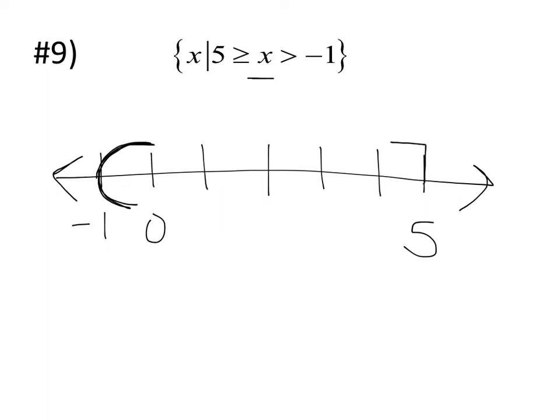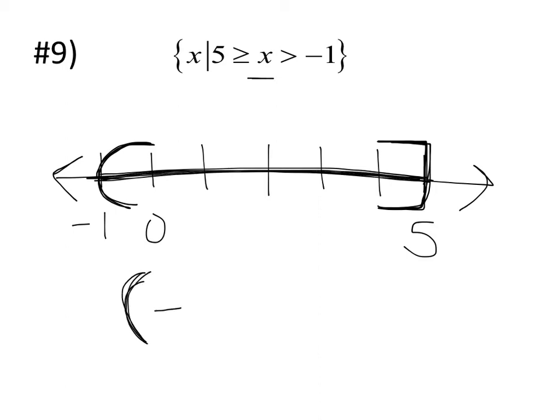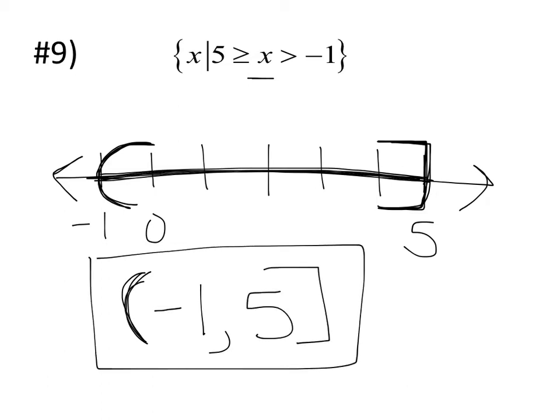And then here I've got x is less than or equal to, so I'm going to put a bracket here. So just like I read a book from left to right, if x is between these, I'm going to shade in between them. And then I'm going to put my parentheses here. -1 goes all the way over to 5 and stops. If it's a bracket on the graph, it's a bracket in my interval notation. So it's from -1 to 5.